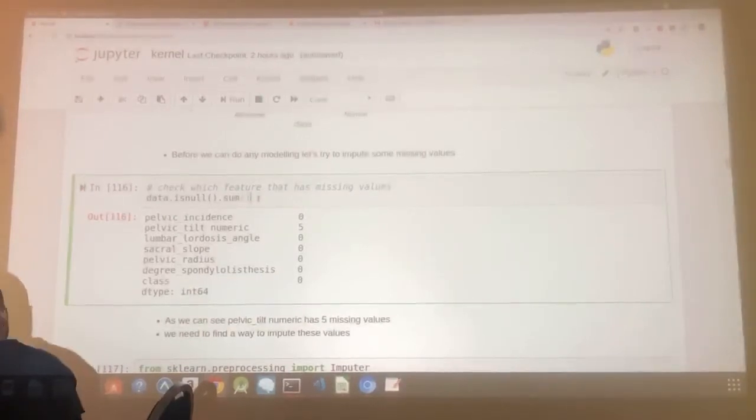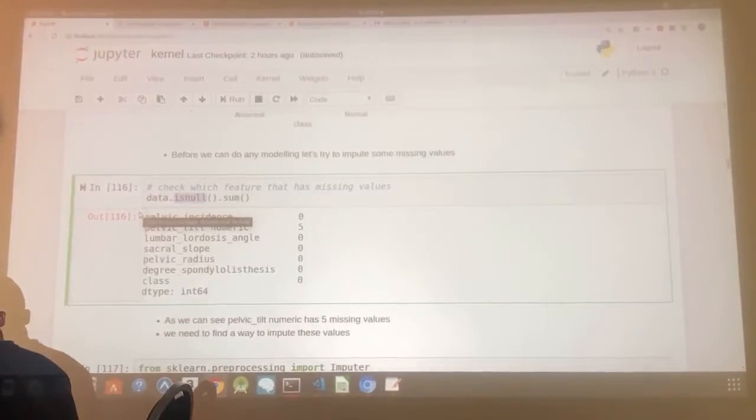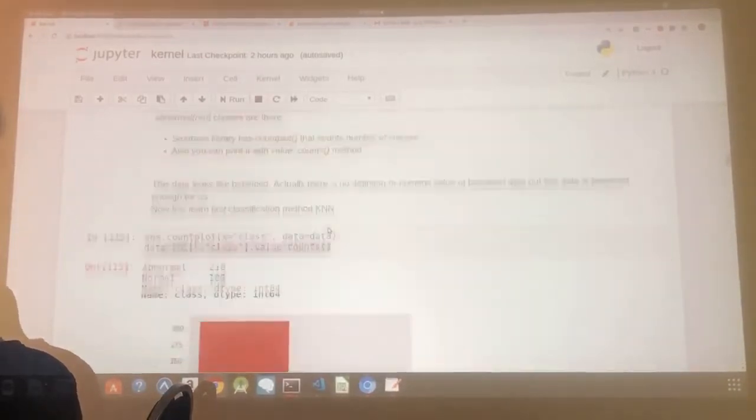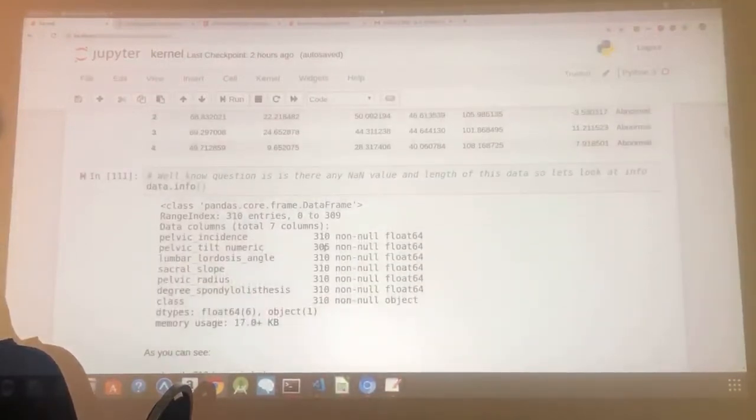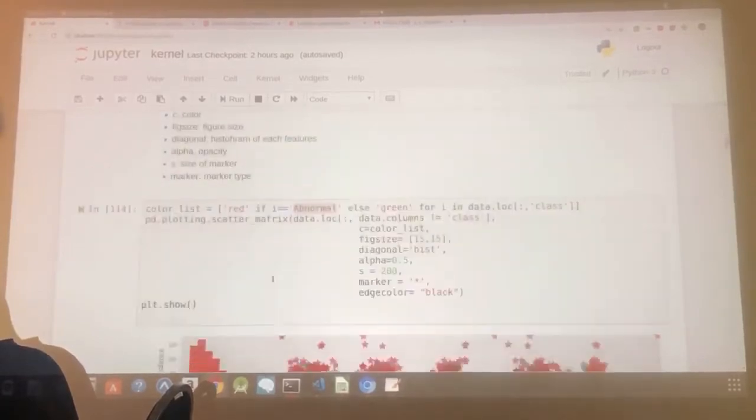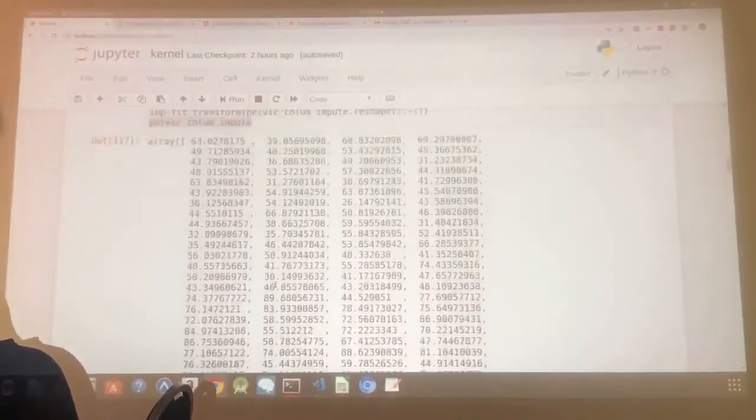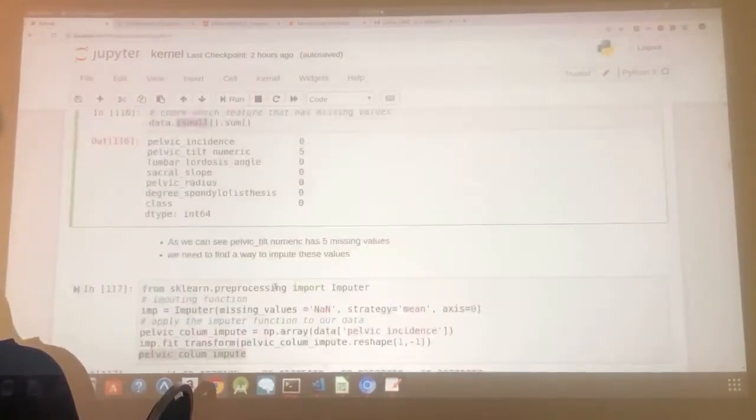How can we do that? You say data.isnull() in Python, and then count in each column how many missing values you have, which makes sense because here we saw 310 minus 305, there's like 5 missing, which makes sense.